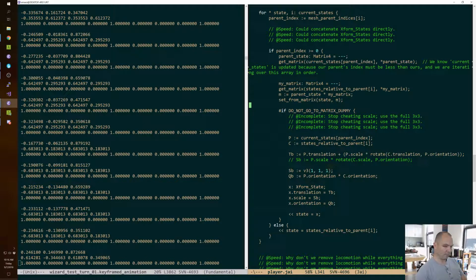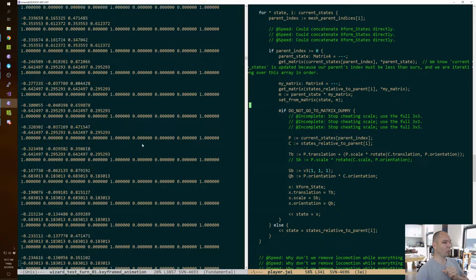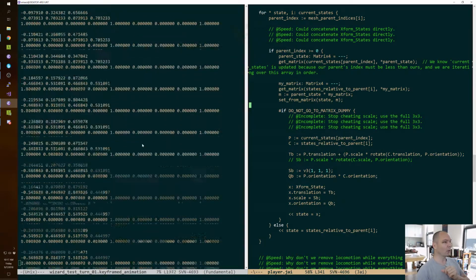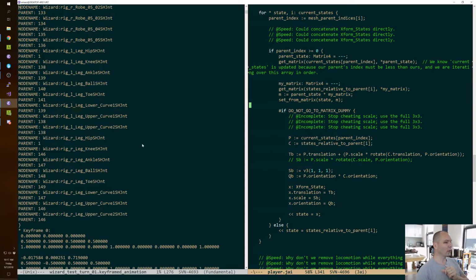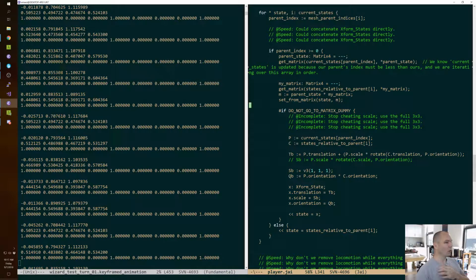Then, maybe next stream or sometime, we want to implement different levels of support for scaling. So if you look at how many numbers we have here, we have 3 for the position, 4 for the orientation, that's 7. And then we have another 9 for scale shear, all of which, those 9 are doing nothing, right?